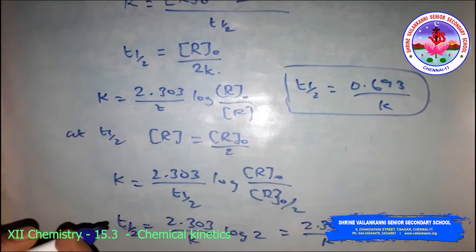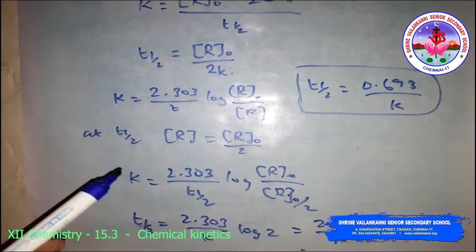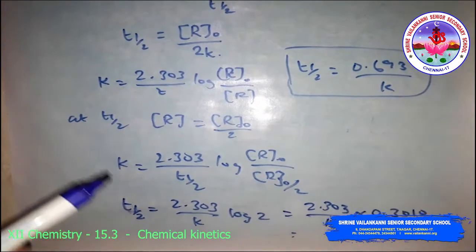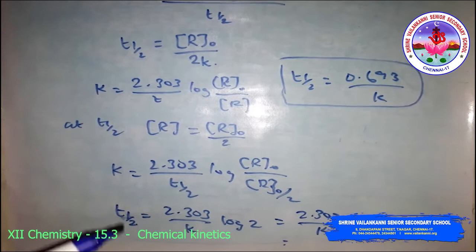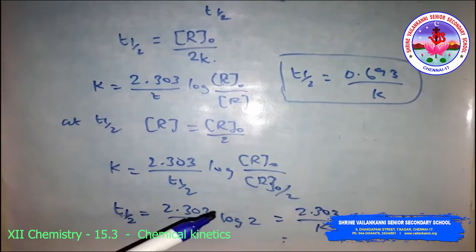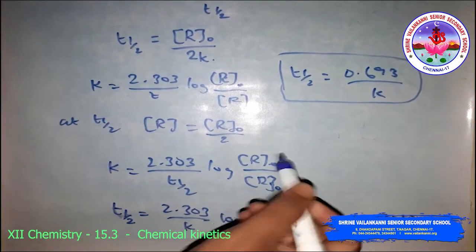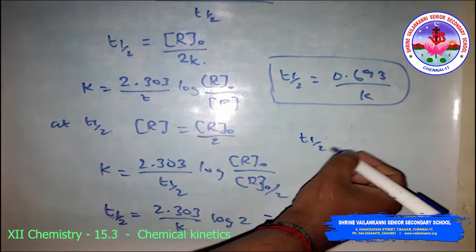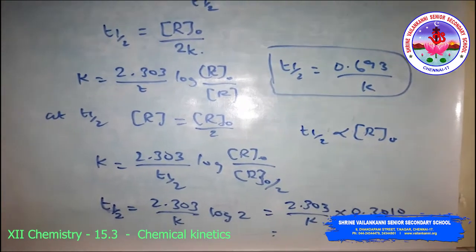So it can be seen that for the first order reaction the half-life period is constant, that is, independent of the initial concentration of the reacting species. The half-life of a first order reaction is readily calculated from the rate constant and vice versa. For a zero order reaction, the t half is directly proportional to the initial concentration.